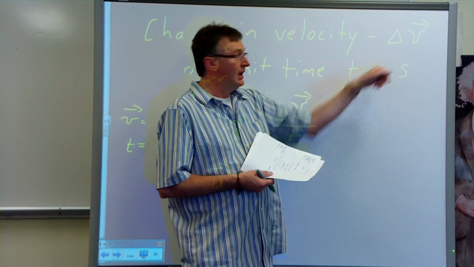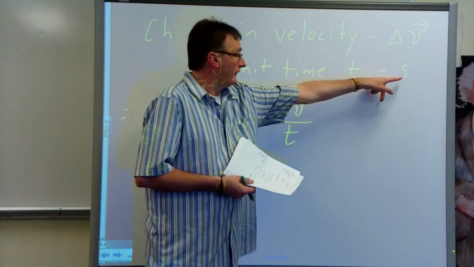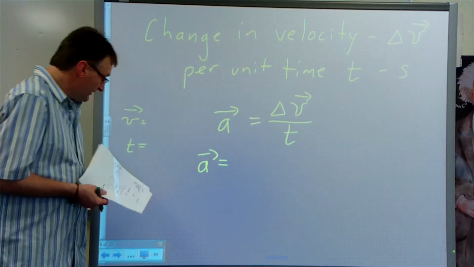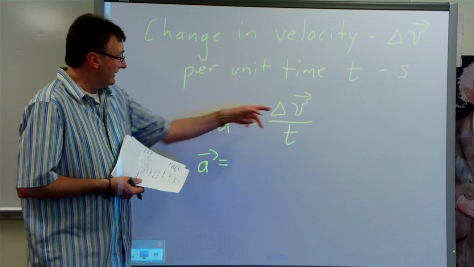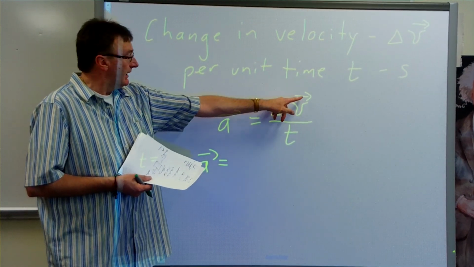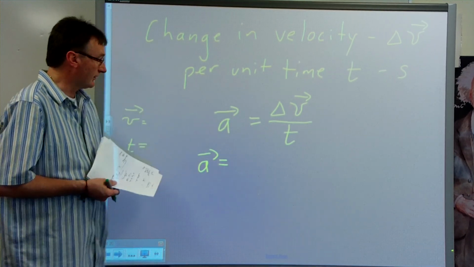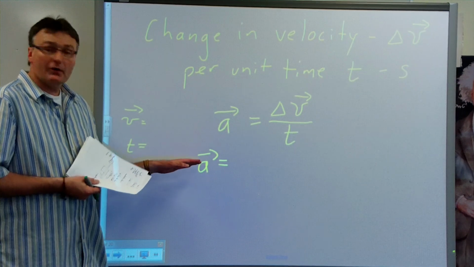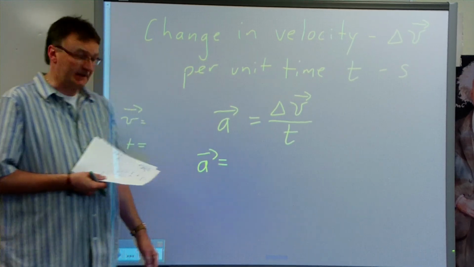That's why there is no vector symbol over top of the t here. So acceleration is indeed a vector, and over here, as you can see, we have the velocity symbol with the vector indication over top of it. That means that we are indeed talking about a vector because we're using velocity.